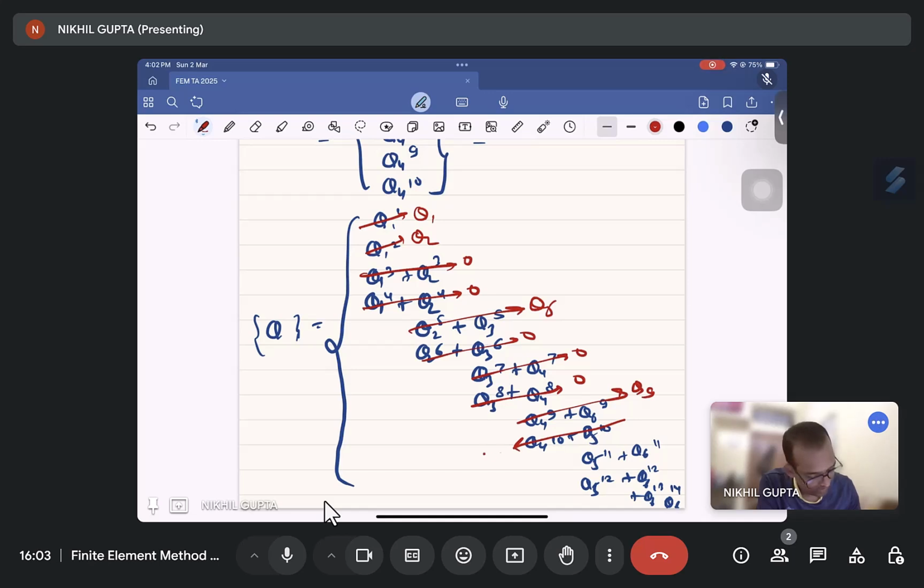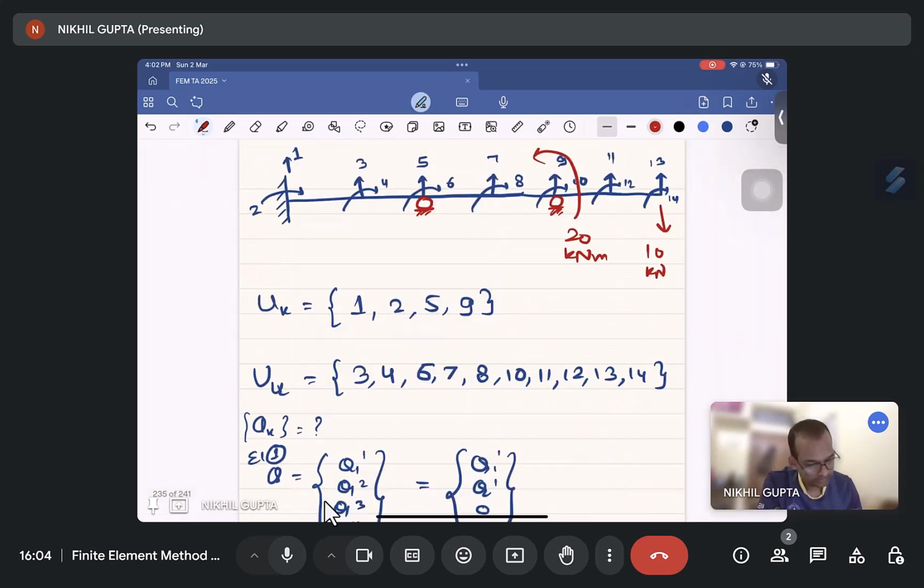For Q10, the 10th node, we know it is minus 20, others are 0, but for the last, Q13, it is minus 10. Why 13? Because it's in the vertical direction.